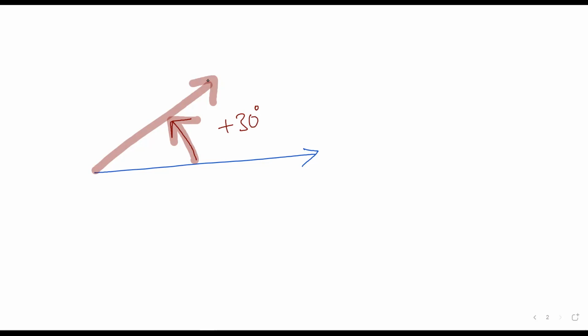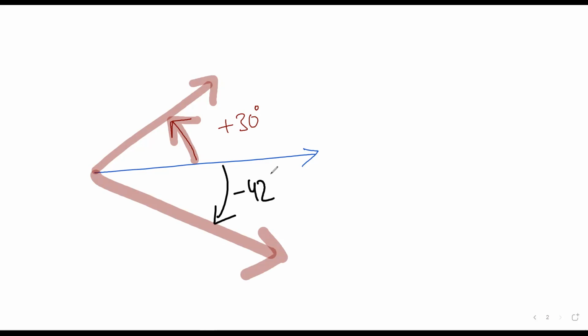No. But if somebody says that measure the angle of this line using the clockwise direction, any doubt? No. Then this angle would be say minus 42 degree. Any doubt? No.